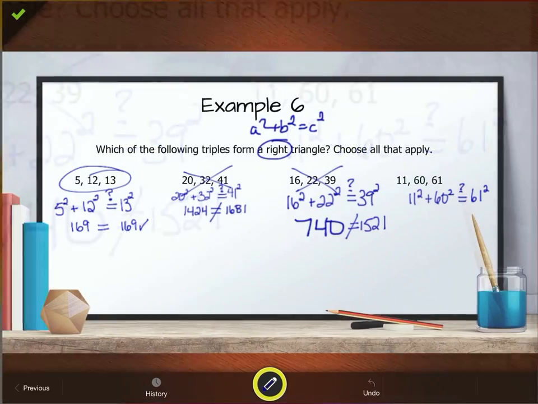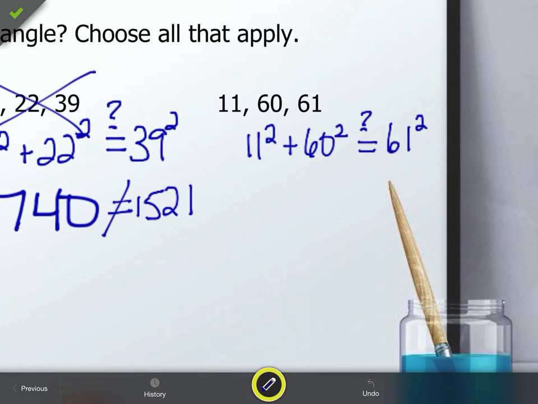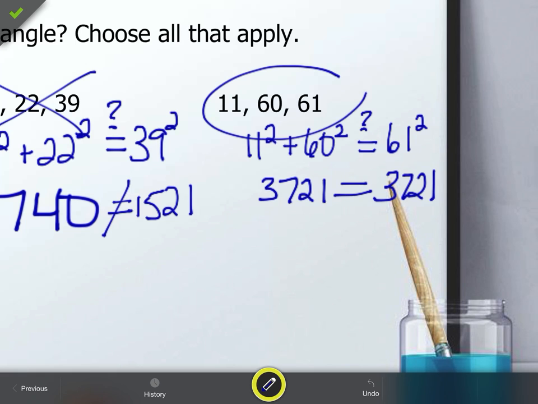Yeah. So 11 squared plus 60 squared is 3,721. 61 squared is 3,721. Are they equal? Absolutely. So your leg squared plus your leg squared actually does give you the same thing as your hypotenuse squared. So yay, right triangle.